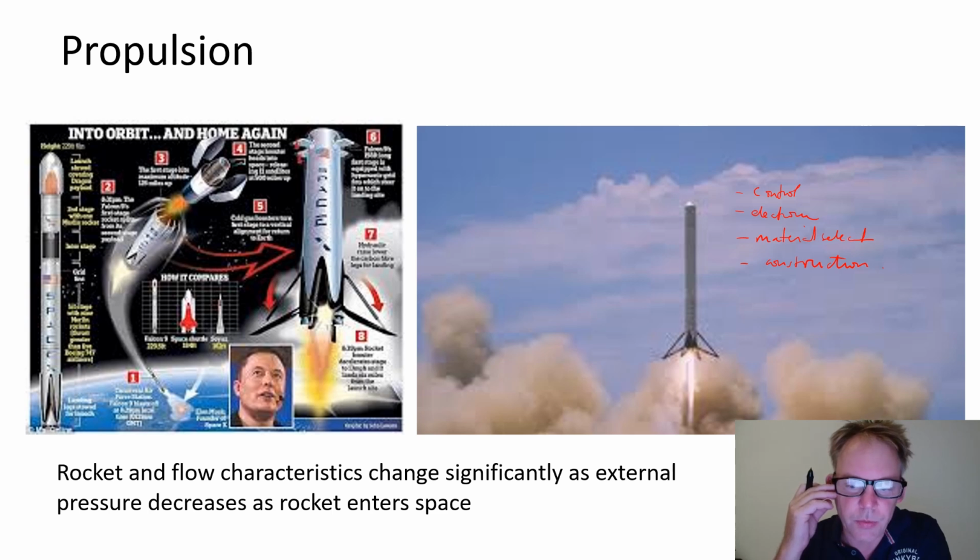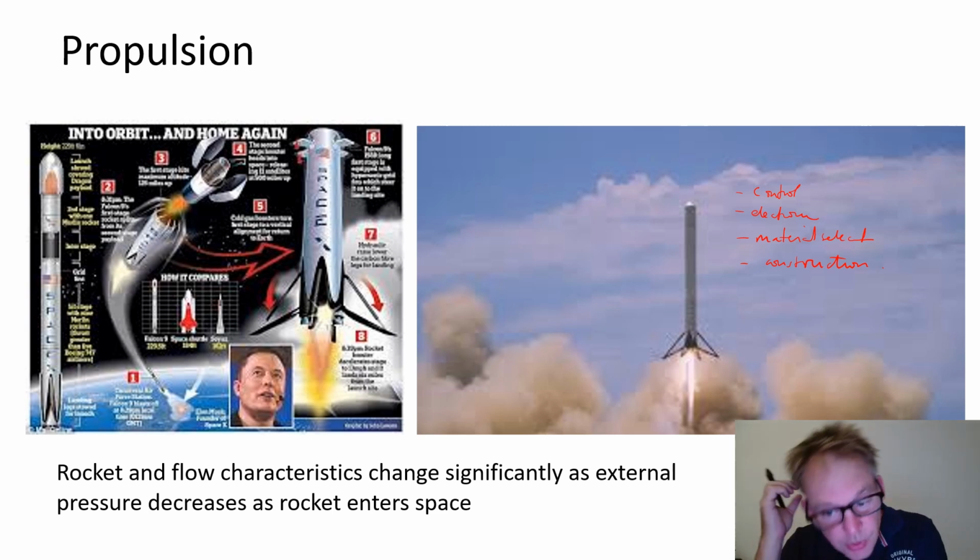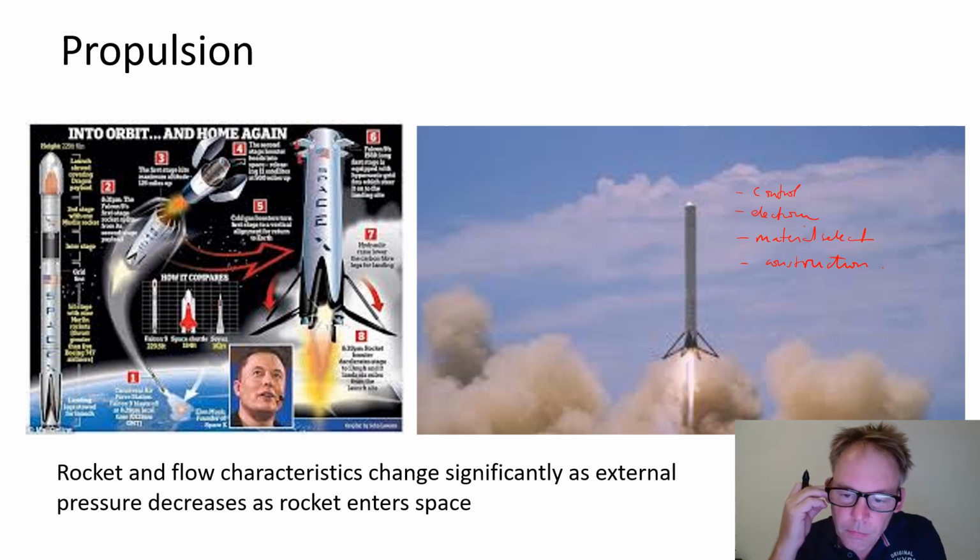For the cost to drop, you have to reuse your craft. So the idea is that the rocket engines will be renewed every probably 100, maybe 1,000 trips, and a lot of the components are replaceable. Not the whole thing, but parts of it.